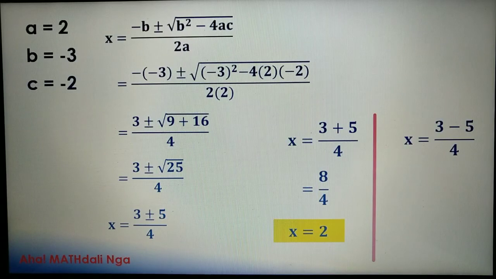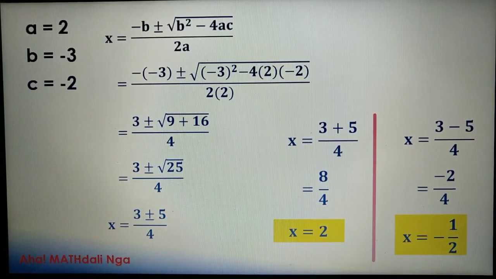We have x is equal to 3 minus 5 all over 4. Continue, we have 3 minus 5 is negative 2 over 4. Negative 2 over 4 is equal to negative 1/2.